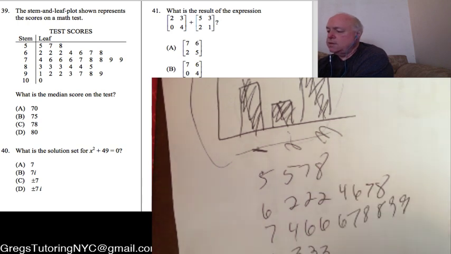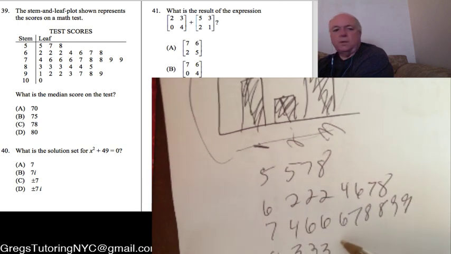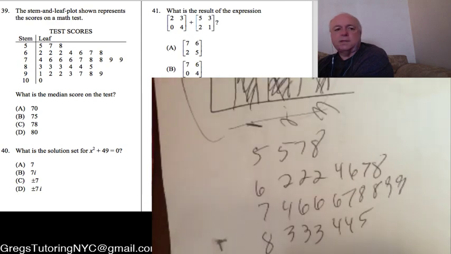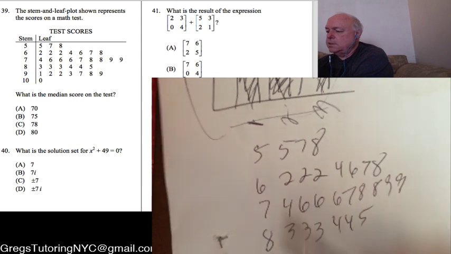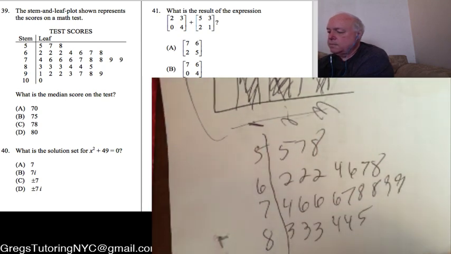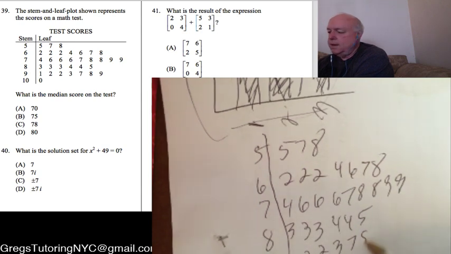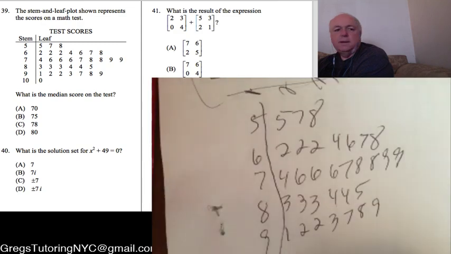They've lined these up in columns. That's just the way it goes. 4, 4, 5. It doesn't need to be lined up in columns. This is a collection of data. 9 is 1, 2, 2, 3, 7, 8, 9, and 10 is 0.